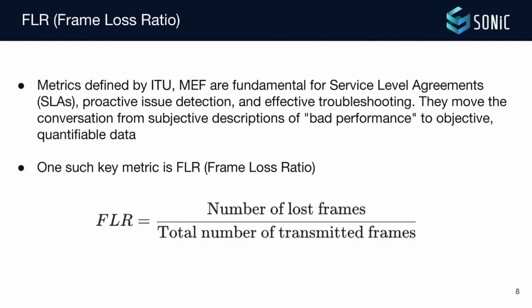As I said, the frames are divided into code words, the code words are sent across, correction happens, and the code words are collated and the frame gets formed. The number of lost frames because of uncorrectable errors versus the total number of frames transmitted is the simple ratio of frame loss ratio. If this goes beyond a non-zero number, it is very clear the link is starting to degrade.